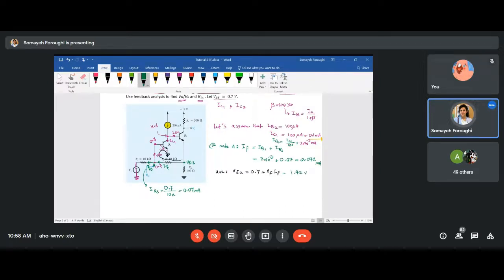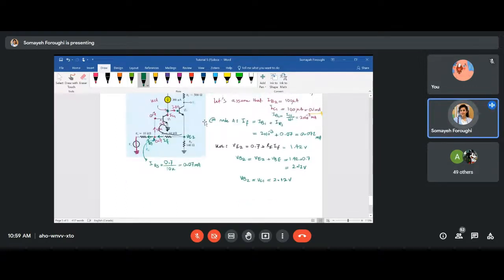If you have VE2, you can find V base 2. So V base 2, again, if you write a KVL, will be VE2 plus a V base emitter. So it's like 1.42 plus 0.7, and you will have 2.12 volt. This is V base 2. V base 2 is connected to the collector of Q1. So V base 2 is equal to VC1, and that's also 2.12 volts.